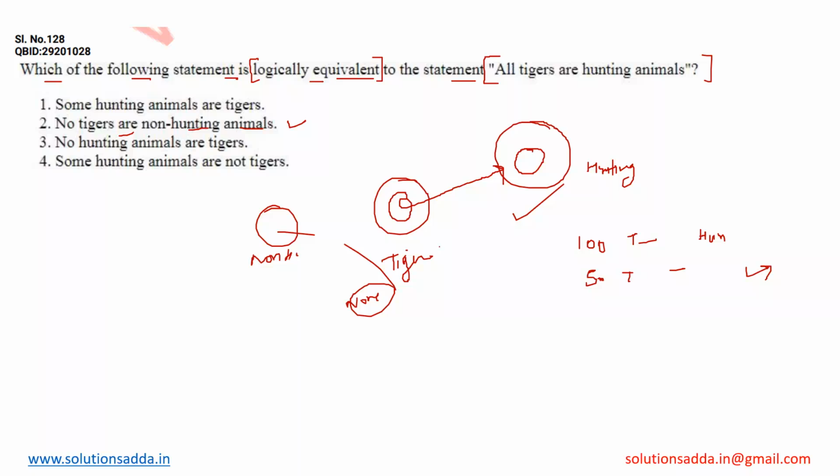Indirectly, we can say that all tigers belong to the hunting category, and this is what the original sentence is all about. All tigers are hunting animals, and indirectly this sentence is saying that no tigers are non-hunting animals. So this sentence is logically equivalent to the statement. The correct option for this question will be option number 2.